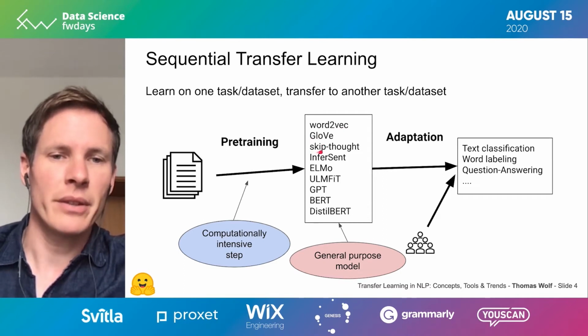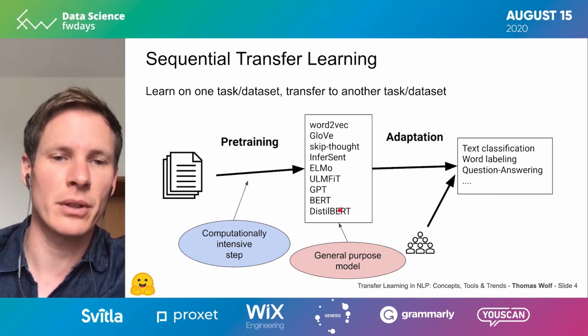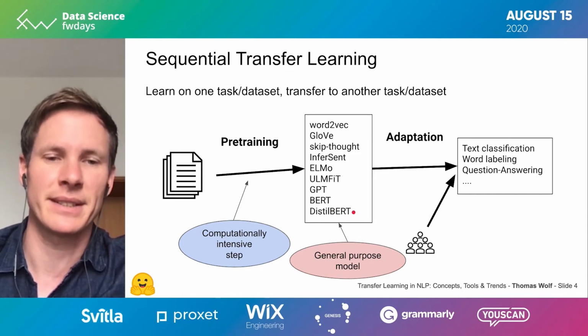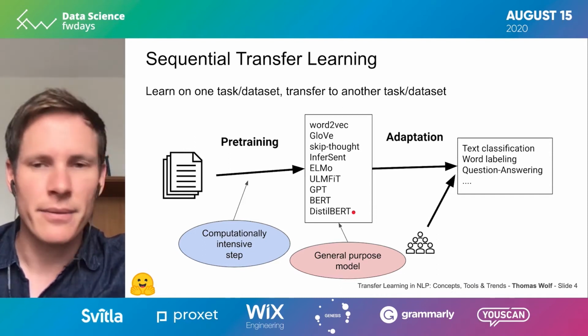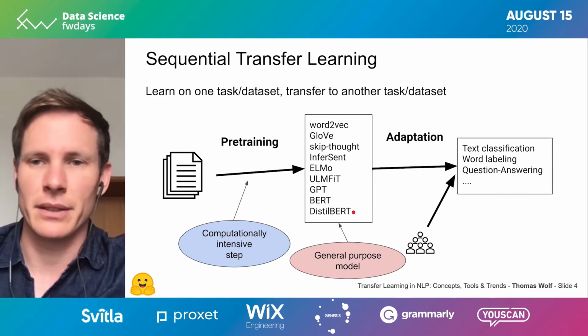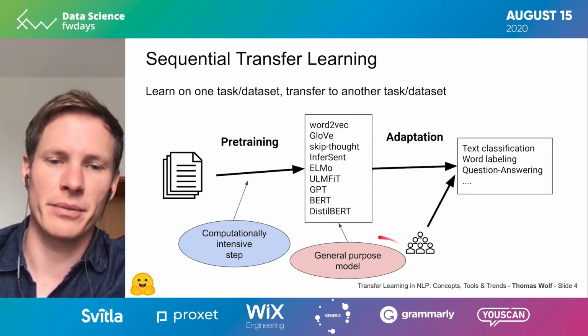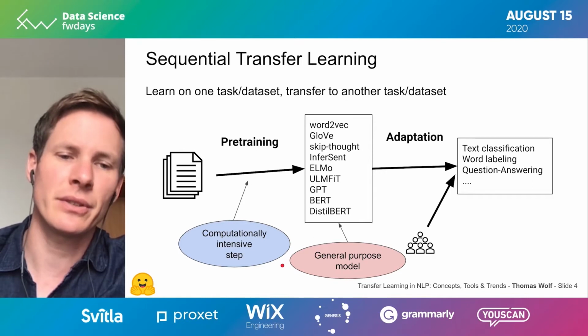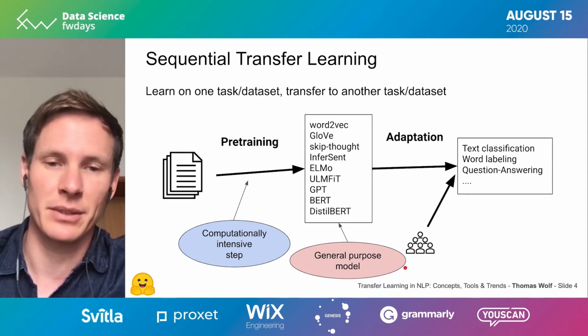Then there was GloVe from Stanford, SkipThought from Montreal, InferSent from FAIR, and then the rise of fully pre-trained neural networks with ELMo, ULMFiT, GPT, BERT, DistilBERT, and now there are many of them, like T5, and you know all these. All these are general purpose models. They are trained with a general objective, which is usually not the objective we want to optimize for the tasks that we are faced with.